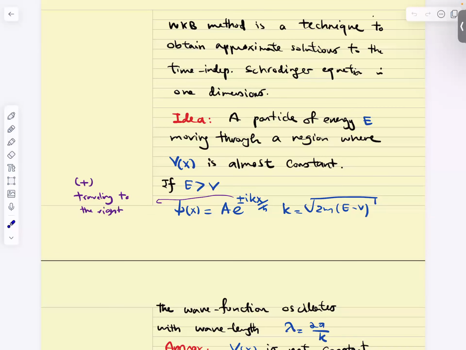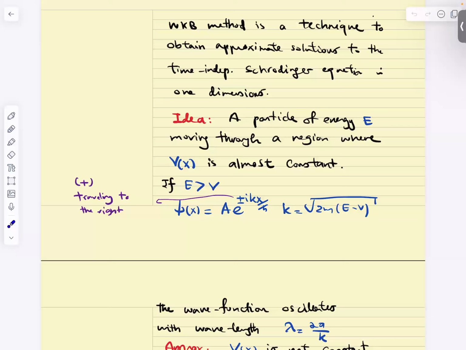The property of this potential is that in that region it's almost flat, almost constant. Let's say the particle is moving in this room, and the potential is defined everywhere in the universe, and the rate of variation of the potential in this room is very, very slow, so that you could approximately think of it as constant in this room.